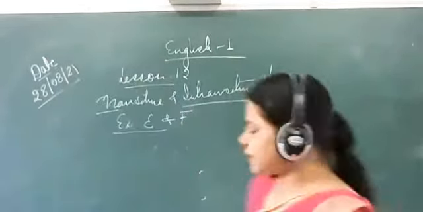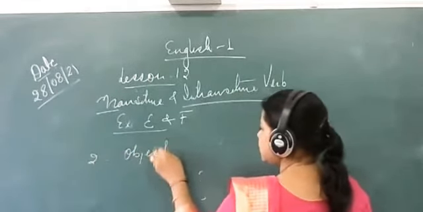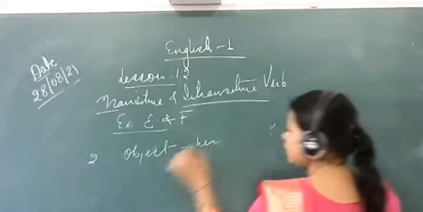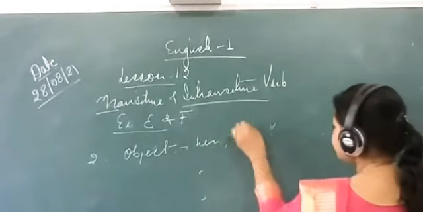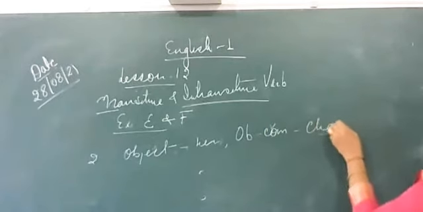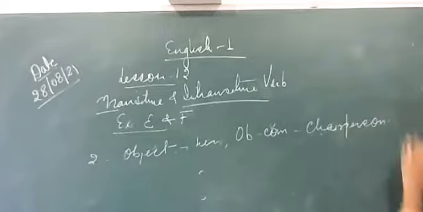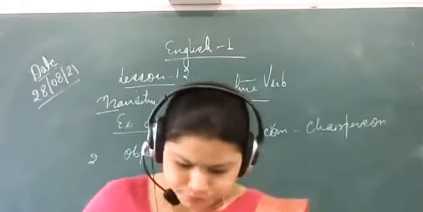For the second one, object is her and objective complement is chairperson. Clear?